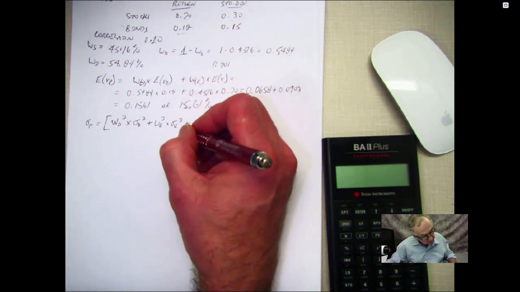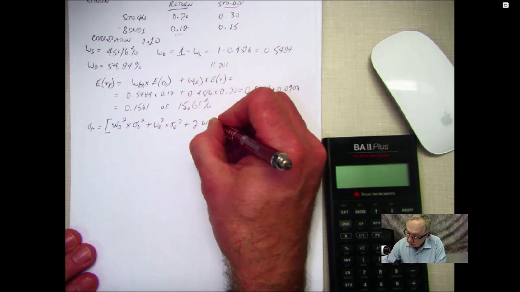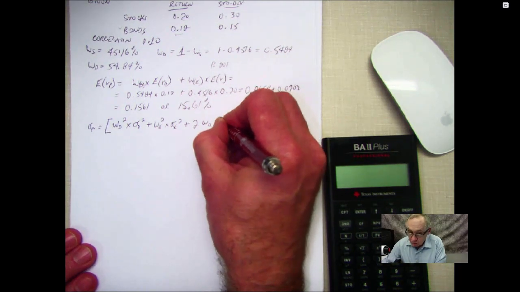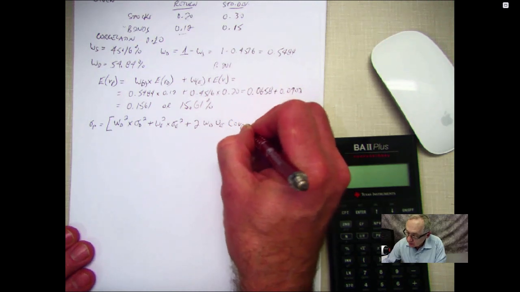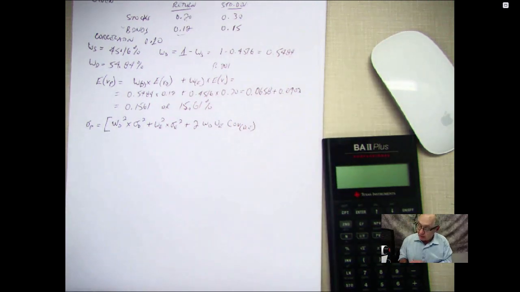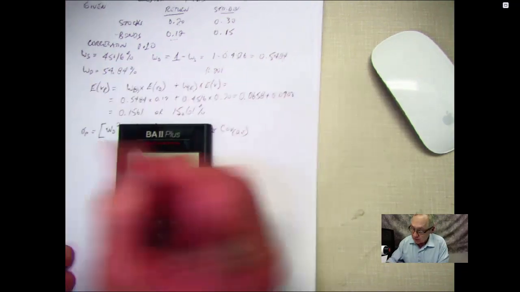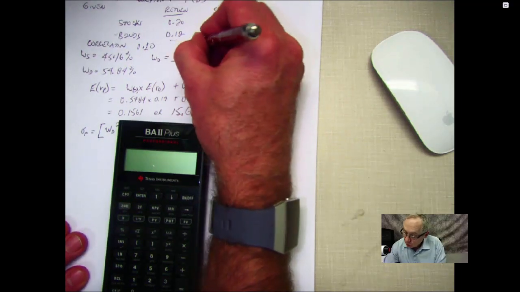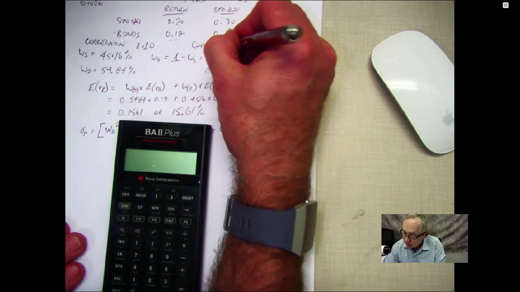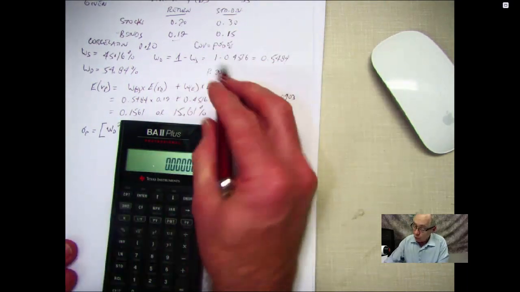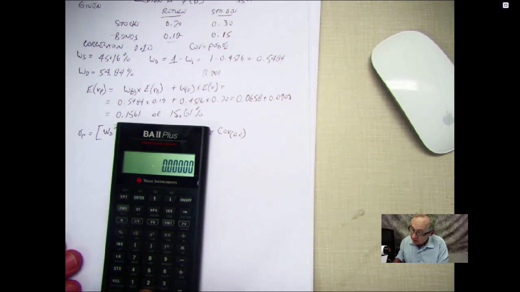Now something a little different, plus 2 times weight of debt times weight of equity times covariance between debt and equity. Covariance, we know the correlation because that's been given to us.